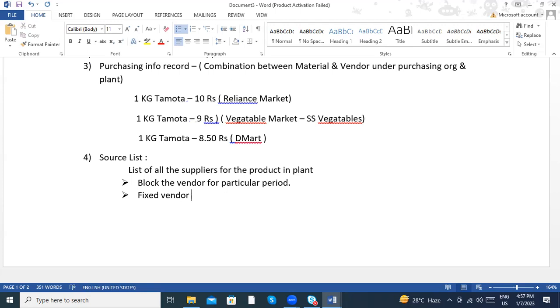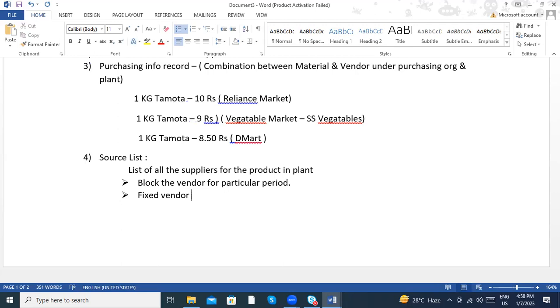So I can fix the vendor. When automatic procurement proposals are created, the system automatically checks that this is my fixed vendor, and I can create a purchase order for this vendor. So in that case, I can go with the fixed vendor option.